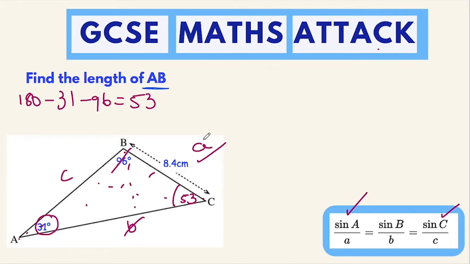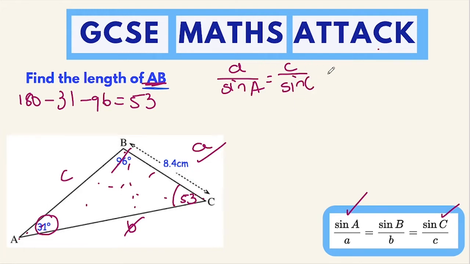Now, because we're focusing on a length, I'm going to rewrite these formulas, but I'm just going to write the reciprocal of it. So what I mean by that is I'm going to write a over sine A equals c over sine C, and that's it.